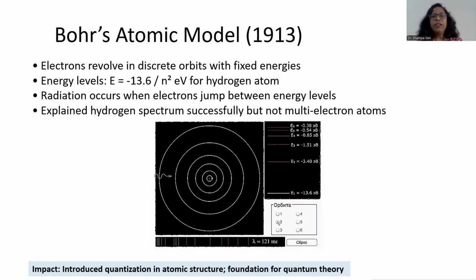Radiation occurs when electrons jump between energy levels. When an electron jumps from higher to lower energy, radiation is emitted. From lower to higher energy level, radiation is absorbed. This explained the hydrogen spectrum successfully, but failed to explain multi-electron atoms.